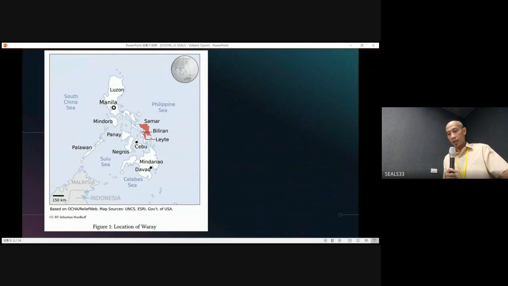Waray is an Austronesian language spoken in Samar, northern and eastern Leyte, and parts of Biliran in the eastern Visayas region of the Philippines. It has about 3 million speakers. Given the need to study the local languages in the Philippines for pedagogical purposes, I set out to investigate the morphosyntactic behavior of Waray roots.